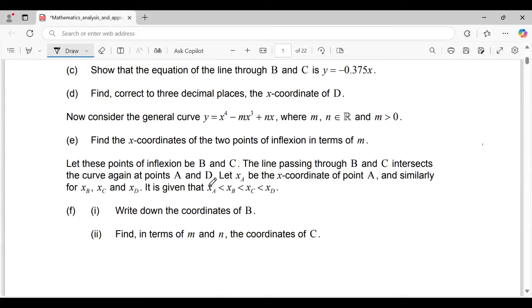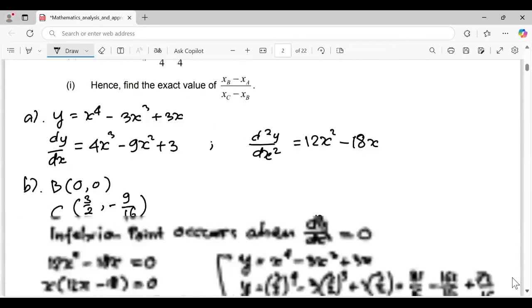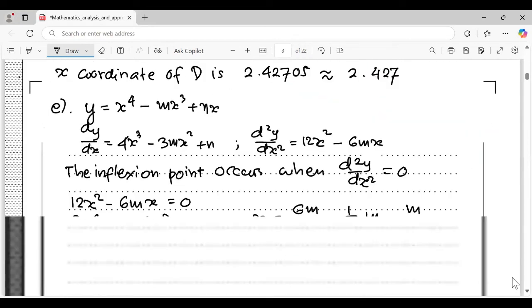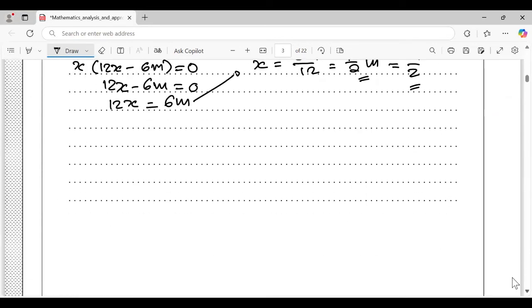It is given that XB is greater than XA, XC greater than XB, XD greater than XC. Write down the coordinates of B. F part 1.